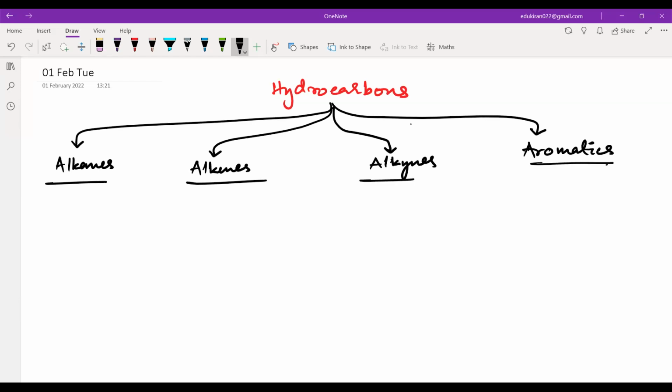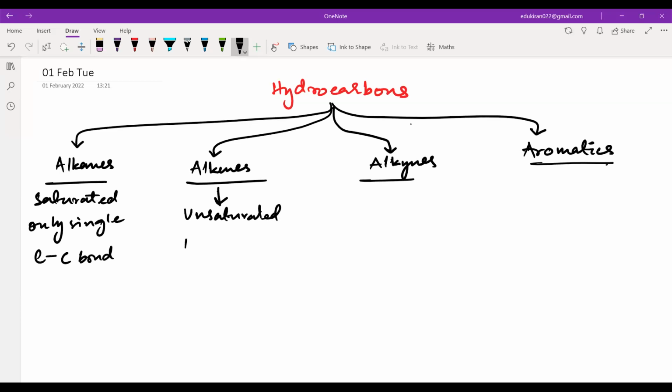Alkanes will be saturated, with only single carbon-carbon bonds. Alkenes will be unsaturated. They will have a double bond, at least one double bond will be present.